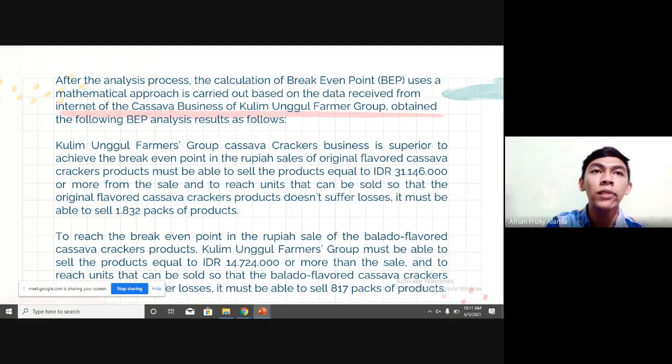And then after the analysis process, the calculation of break-even point or BEP uses a mathematical approach carried out based on the data received from the internet of the cassava business of Kulim Unggul Farmer Group. We obtain the following BEP analysis result.